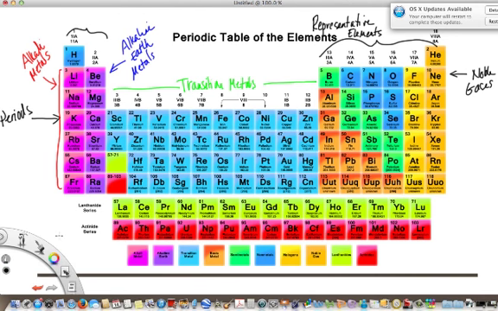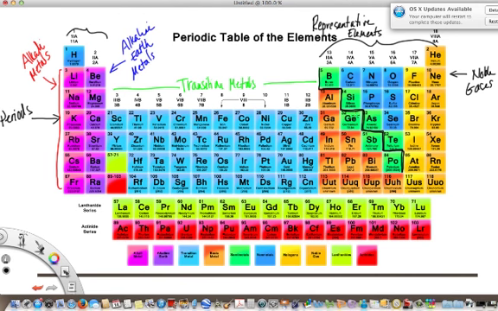We can also divide the periodic table between metals and nonmetals. If we could draw a staircase line that looks like this, I would be separating the metals from the nonmetals on my periodic table. Now, the metals are over on the left-hand side, the nonmetals are on the right-hand side.